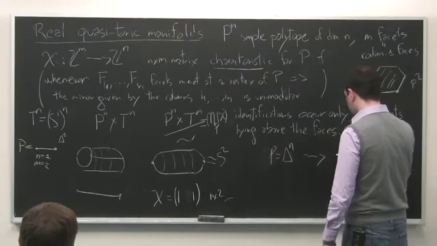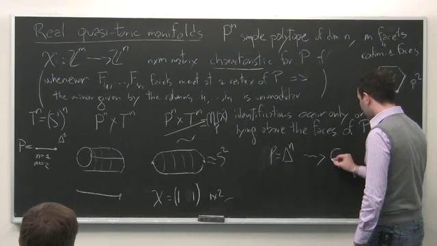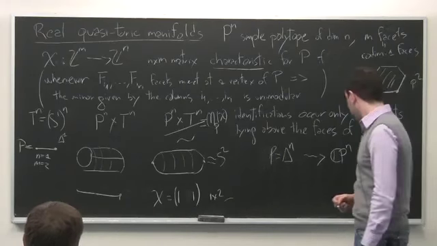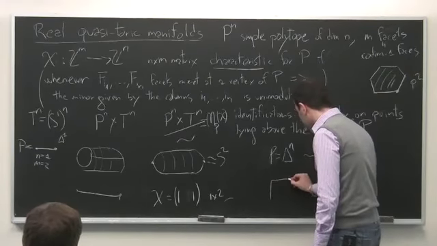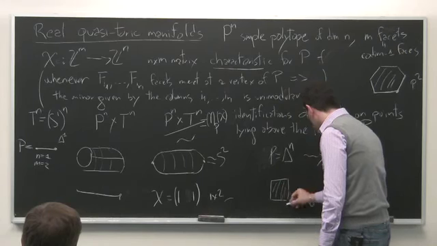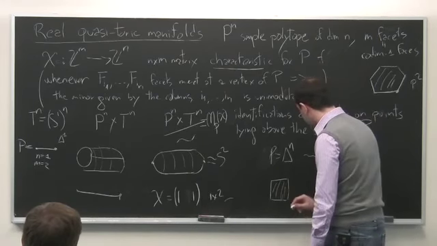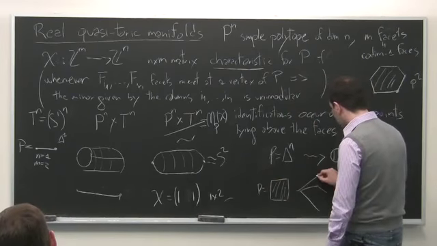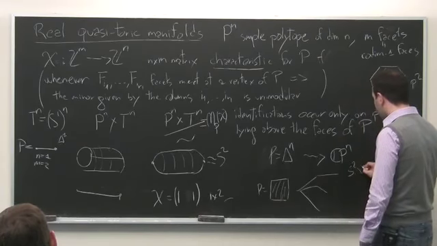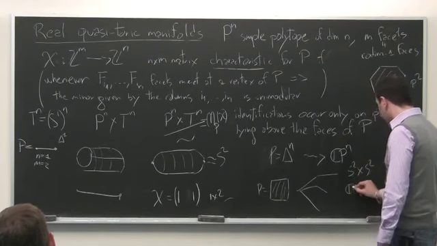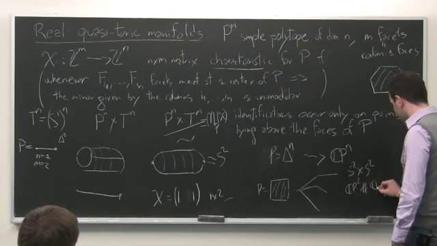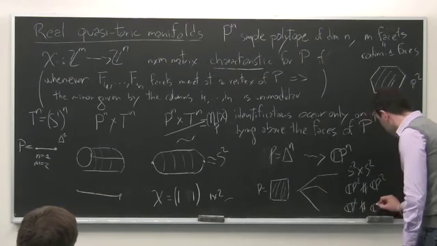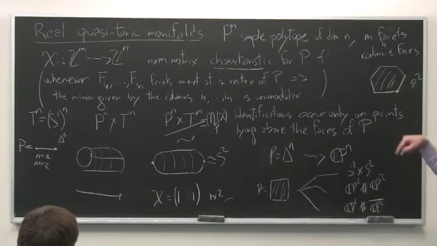So for example, over a simplex, there's only one quasi-toric manifold, and that's complex projective space. So we can just keep that in mind. Over a square, you have essentially 3 up to diffeomorphism distinct quasi-toric manifolds. You can have either a product of spheres, you can have a connected sum of CP2s, or you can have a connected sum of CP2s, but one of them with the opposite orientation.